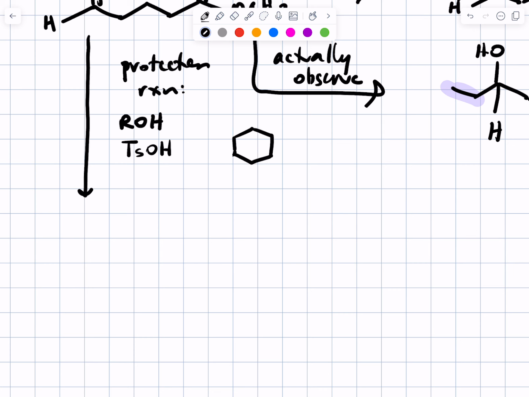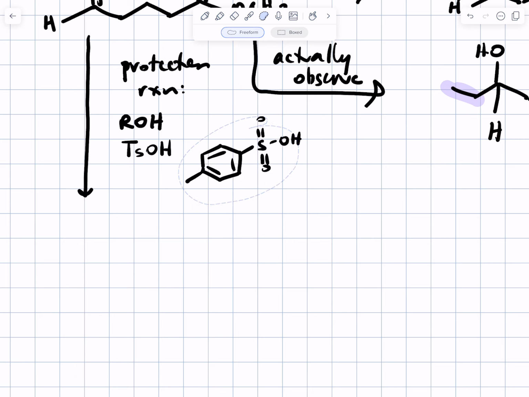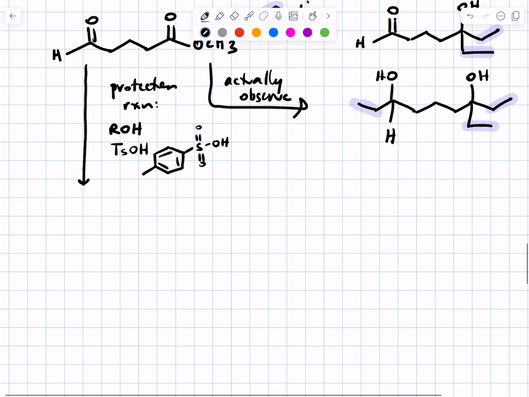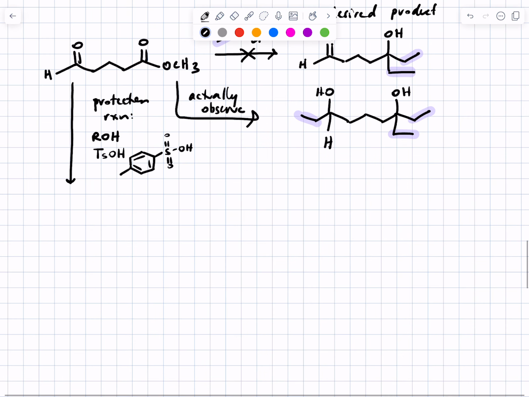So here's your 351 review. TsOH is para-toluene sulfonic acid. It looks like this. It's simply an organic soluble acid. That's important because you don't want water present, because water under acidic conditions hydrolyzes acetals.